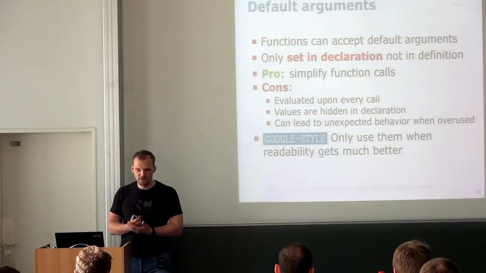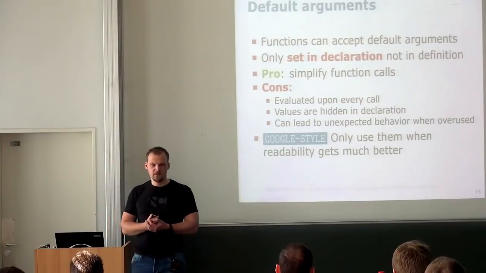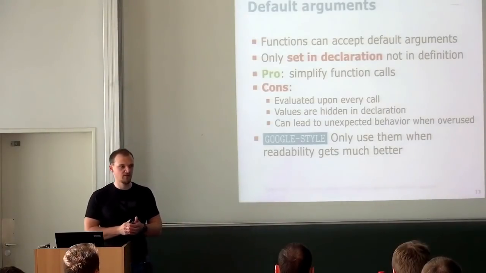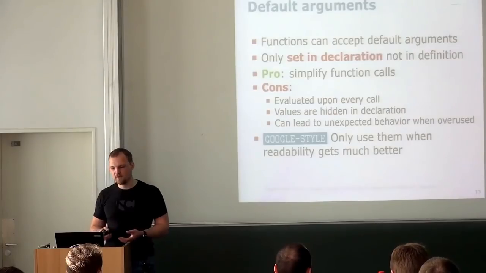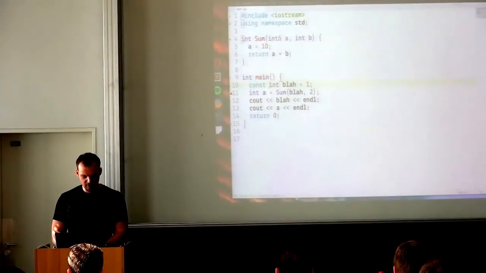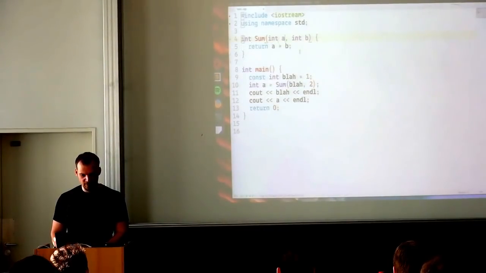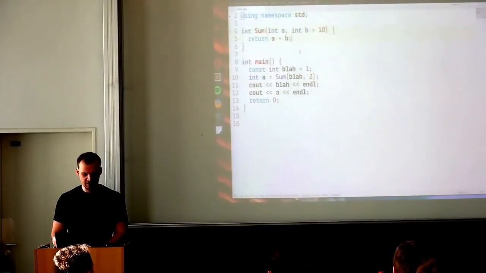Another thing you can do with functions is set default arguments. They are only set in the declaration. A simple example is always better, so let's go back to our beautiful function, and let's say we want our b to be 10.